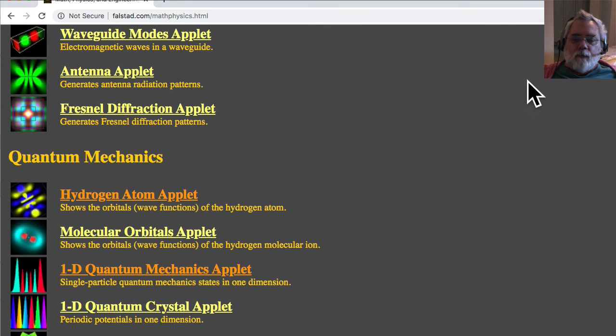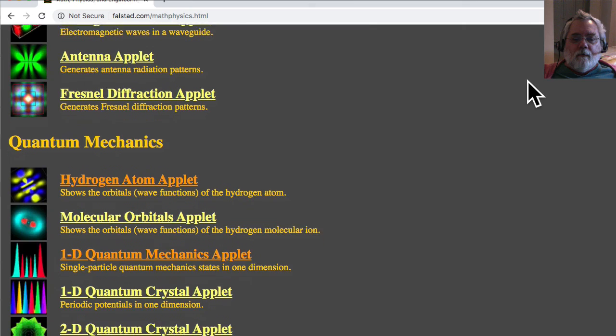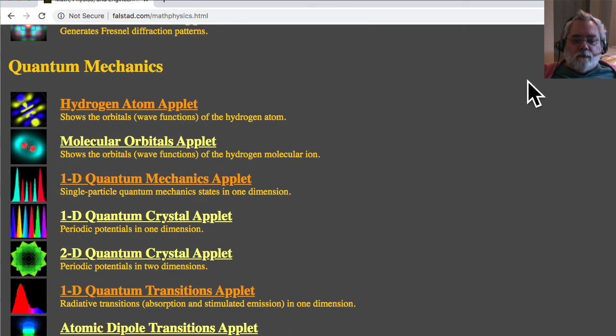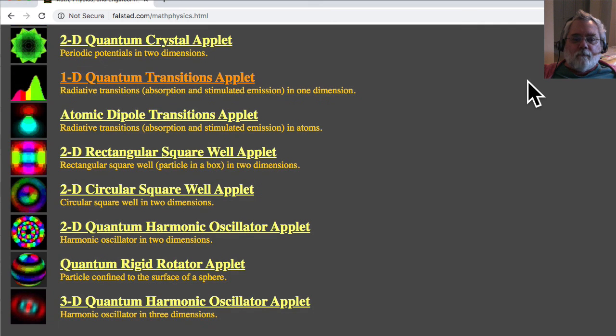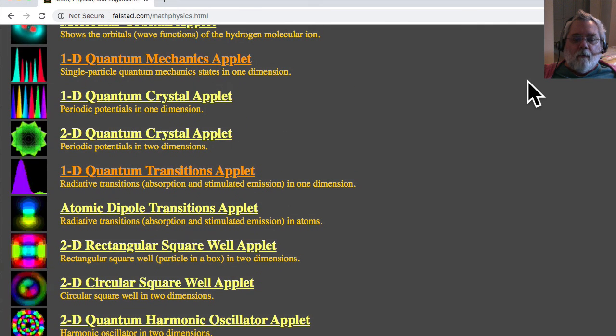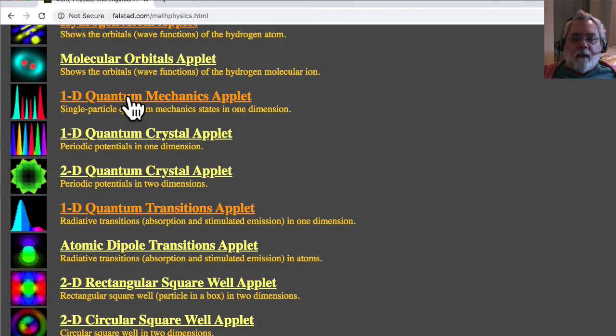That's pretty interesting. We're not going to cover that. Molecular orbitals, lots of interesting quantum mechanical stuff. We're going to look at the one-dimensional quantum mechanics applet.